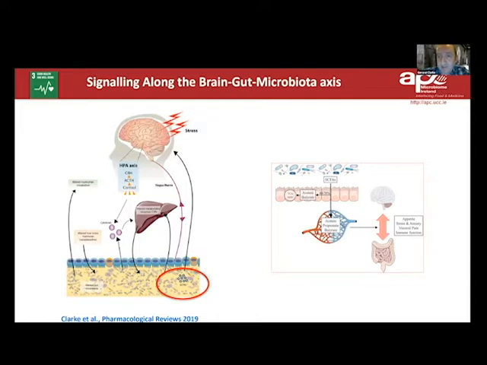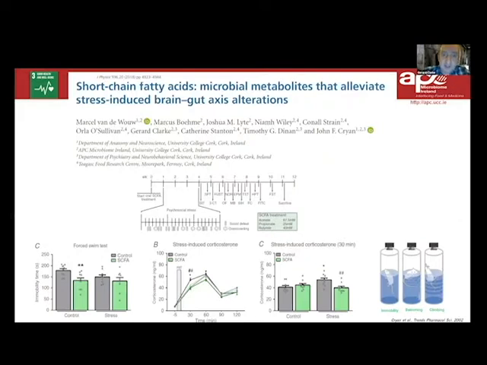And maybe that's the reason where we have seen successful translation, why the microbes in question might be producing those particular benefits. So again, this is an animal study we did a couple of years ago, looking at the impact of short-chain fatty acid administration following a chronic psychosocial stress protocol.